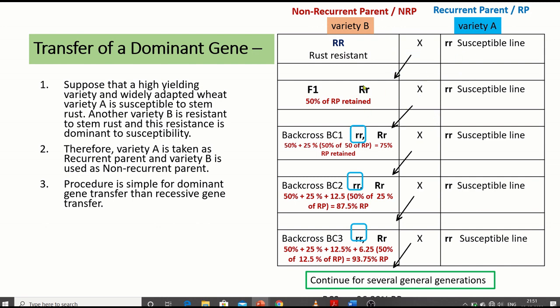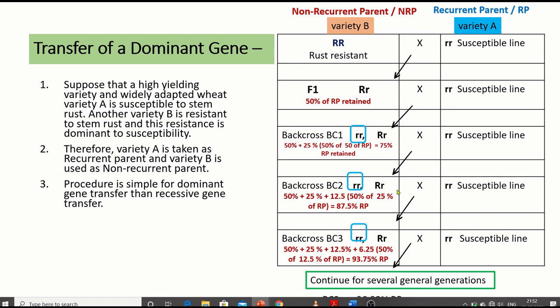Once the F1 is made, 50% of the recurrent parent is there in the F1, and we are going to cross the F1 again with the recurrent parent. In the BC1 how much will we get? 50% plus 50% of the remaining 50%. What we have to remember is that in every backcross breeding program, 50% of the remaining is regained from the recurrent parent.